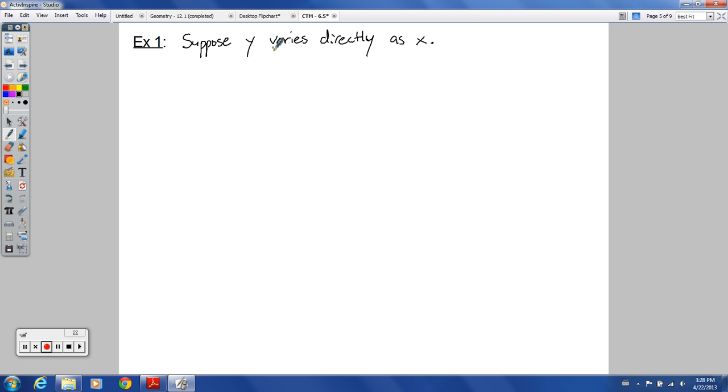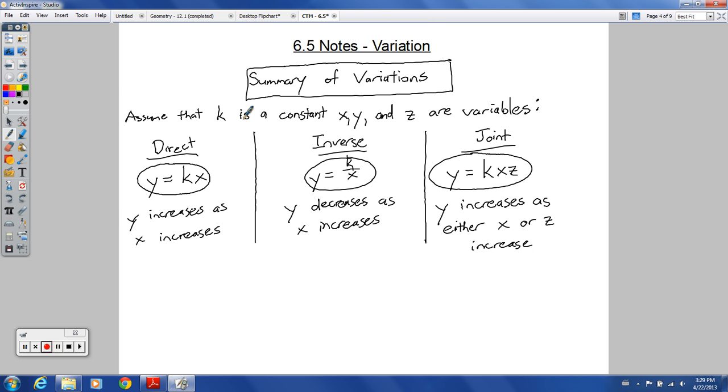I feel like we could say varies directly with x, but we're going to go with this way so that we get used to how the book will word it. So y varies directly as x. And so as x gets bigger, since it's varying directly, y is going to get bigger. We go back to our direct variation, and that is the case.